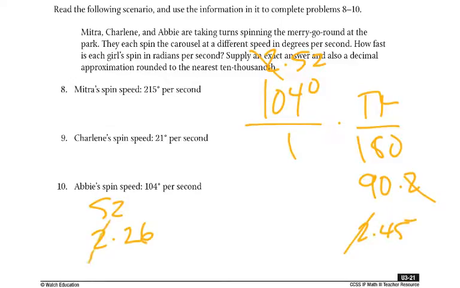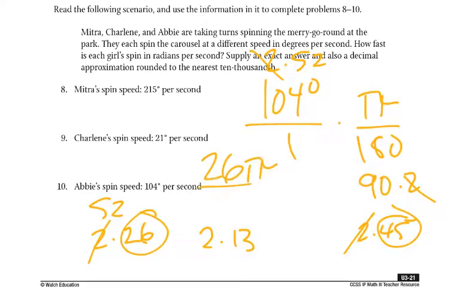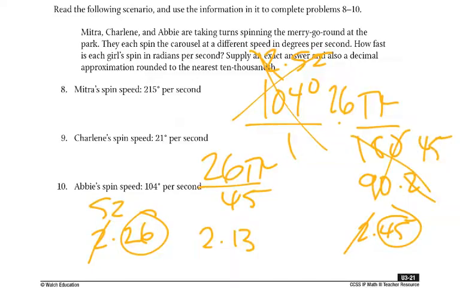So the 2's could cancel out. The 26 would be 2 times 13. 45 can't be divided by 2. It can only do 5 and 9, which the other can't. So it would be 26 over 45. So 26 pi over 45, because everything else would cancel out, leaving me with 26 on top and 45 on bottom.